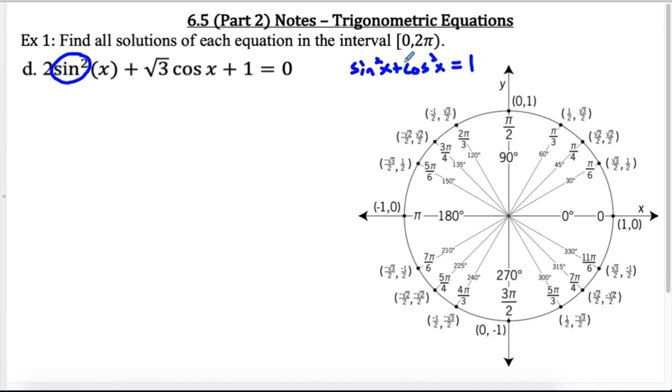Well, I can say that sine squared is equal to, I can subtract the cosine squared over and say that sine squared equals 1 minus cosine squared. So that's what I'm going to do. I'm going to substitute 1 minus cosine squared in place of sine squared.